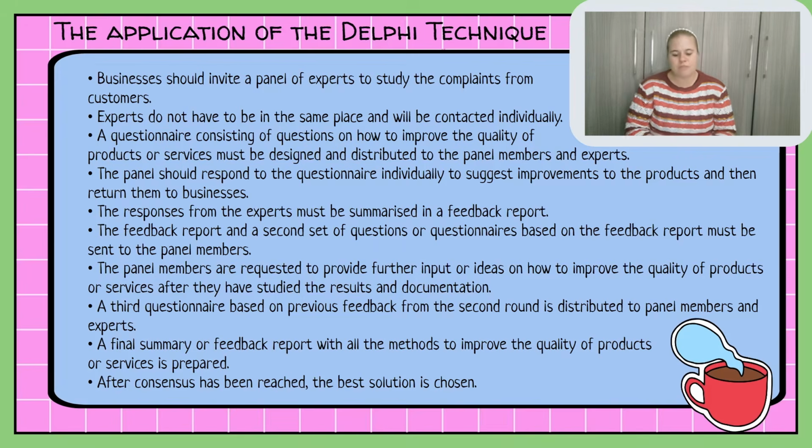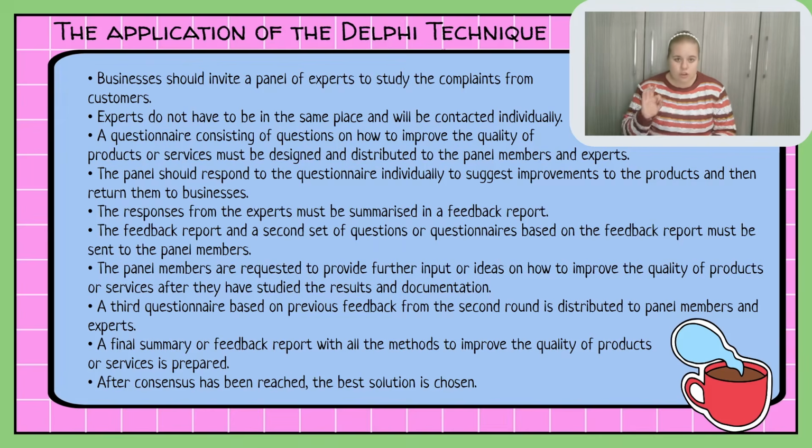The responses from the experts must be summarized in a feedback report. The feedback report and a second set of questions or questionnaires based on the feedback report must be sent to the panel members. The panel members are requested to provide further input or ideas on how to improve the quality of products or services after they have studied the results and documentation.